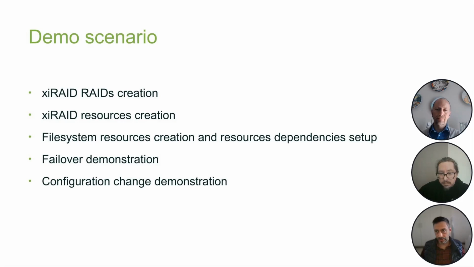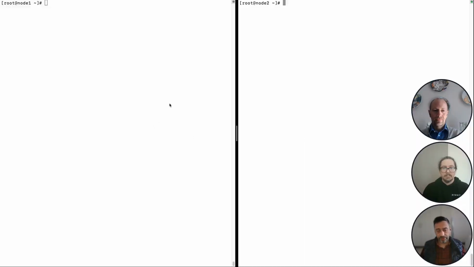So let me start sharing my screen. Do you see my screen? Yeah, we can see it. Yeah, great. What you see here are two SSH sessions to two hosts.